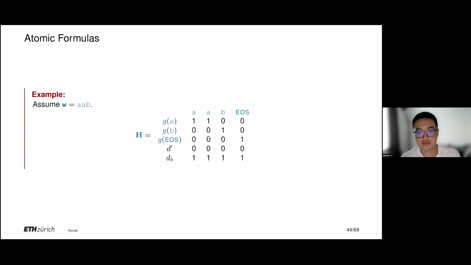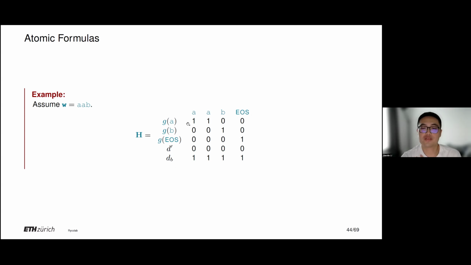This is most clear if we give an example. Assume the input string is AAB, with EOS. And imagine we have 5 dimensions.